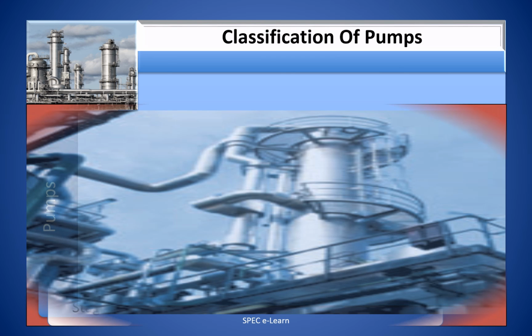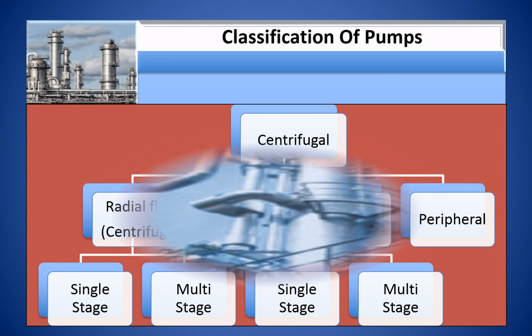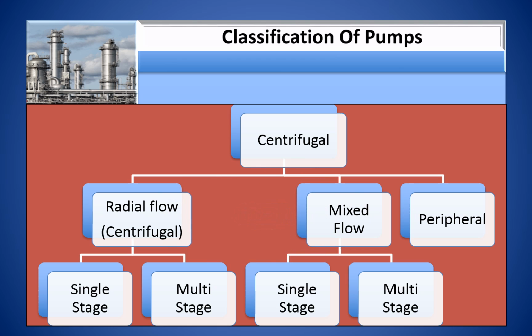Of the three subcategories of dynamic pumps, the centrifugal pump occupies the position of the most widely used family of pumps in the process and other allied industries.